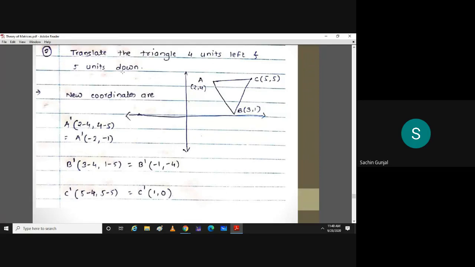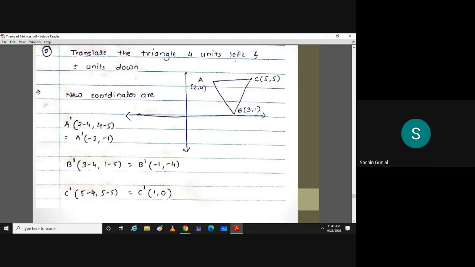So A is 2, 4, B is 3, 1, and C is 5, 5. Can you check that? What will be the resulting vectors?